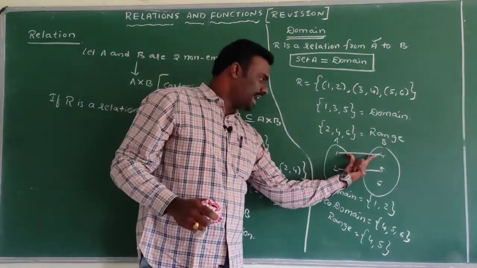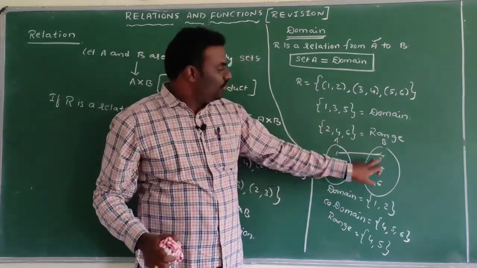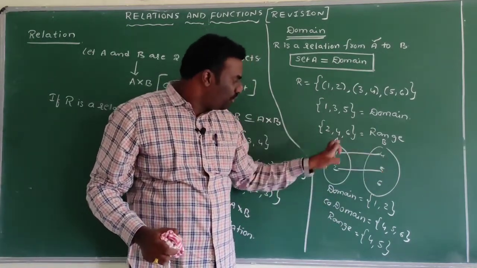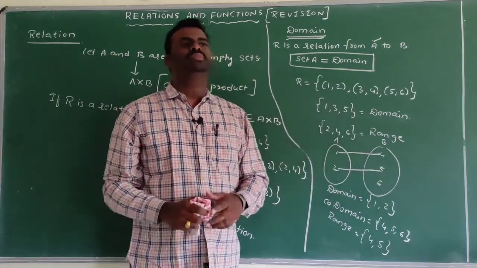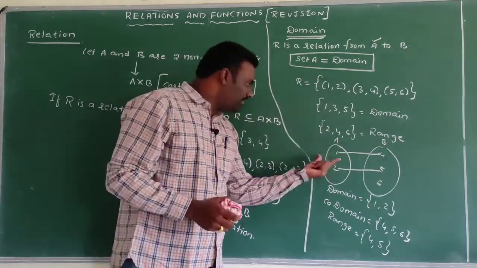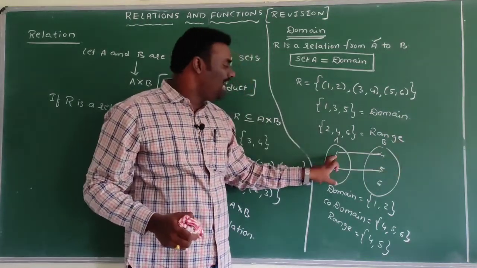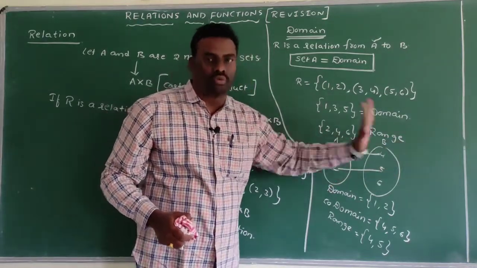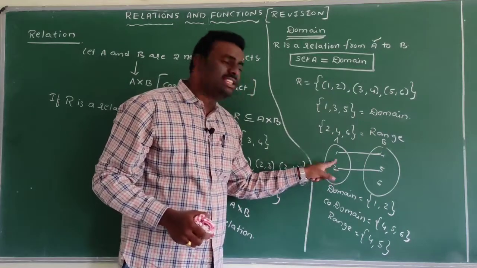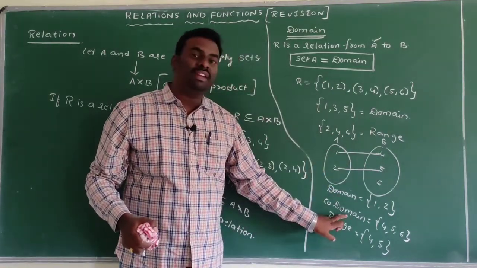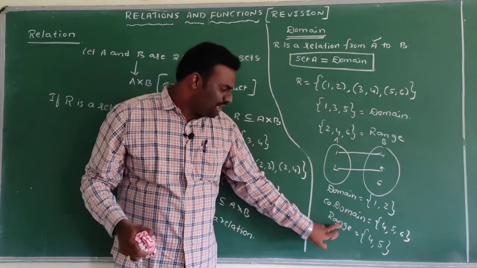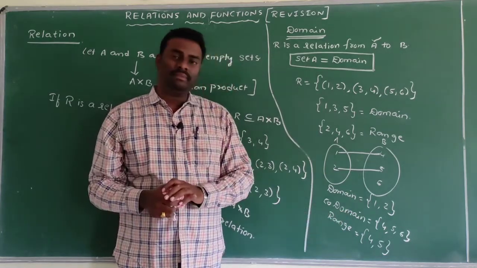If you write like this, we can say 4 is the image of 1, 5 is the image of 2. Or from here to here, 1 is the pre-image of 4, 2 is the pre-image of 5. So codomain is different, range is different. From these two, what can we write?